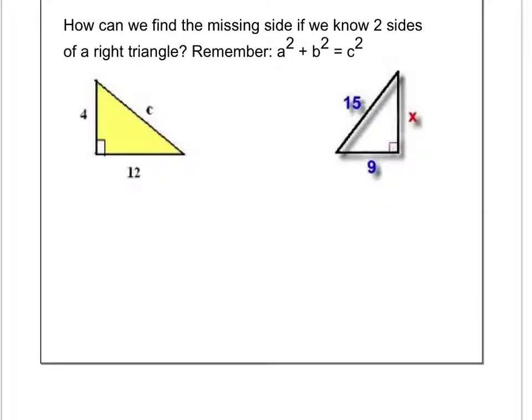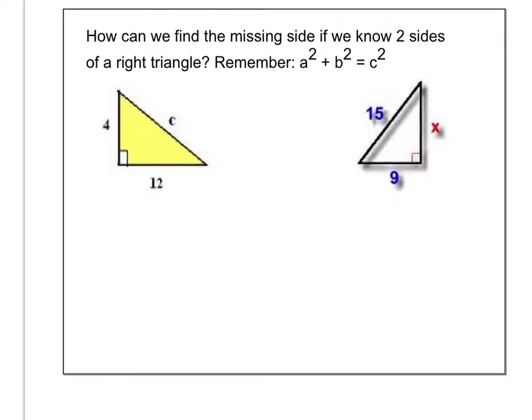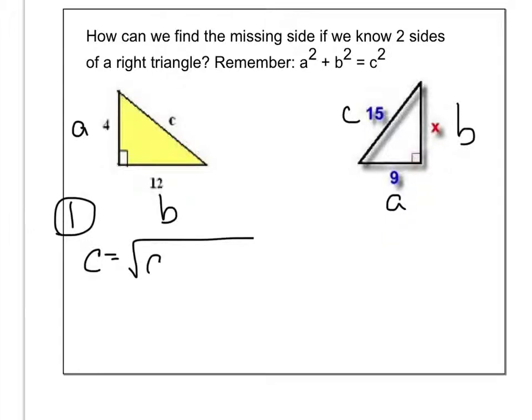All right, so we need to figure out the missing sides. That is just using Pythagorean theorem. And with that, we want to make sure that we're remembering which side is going to be A, which one's going to be B, and which one's going to be C. So in the first one, we're trying to solve for C. So we should use the formula C equals the square root of A squared plus B squared.